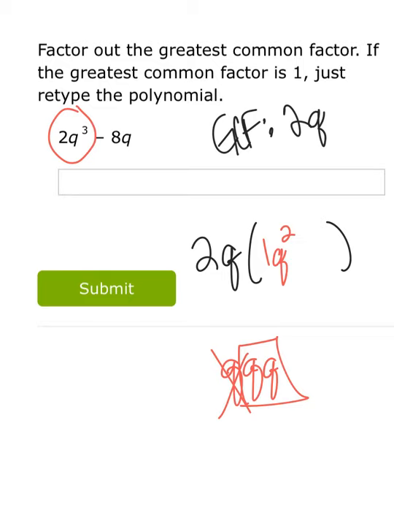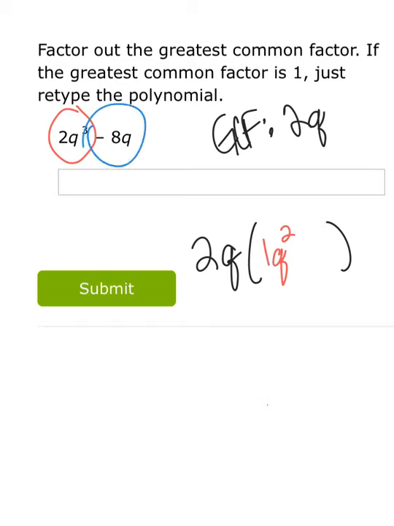Alright, moving on to the next term. I want to divide negative 8q by 2q. Well, negative 8 divided by 2 is negative 4, and q divided by q would just be 1. They would basically just cancel, okay? Think of it like this if I were actually dividing it.